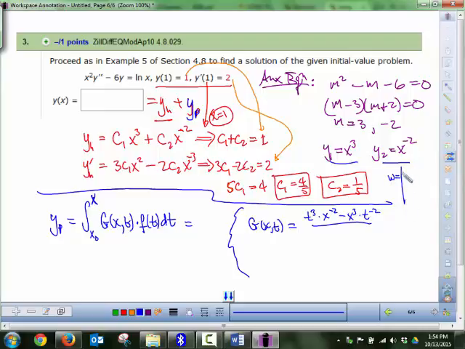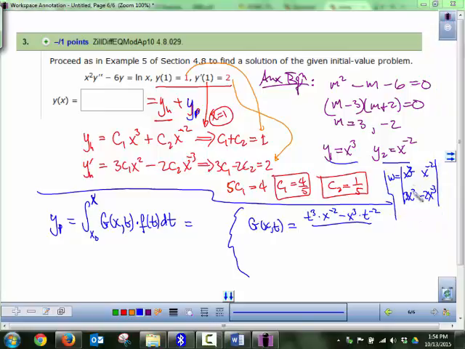Wronskian: x cubed, 3x squared, x to the negative 2, negative 2 x to the negative 3. So this is x cubed times x to the negative... So this is going to give me a negative 2, right? Minus 3. Negative 5? Negative 5, that's it.